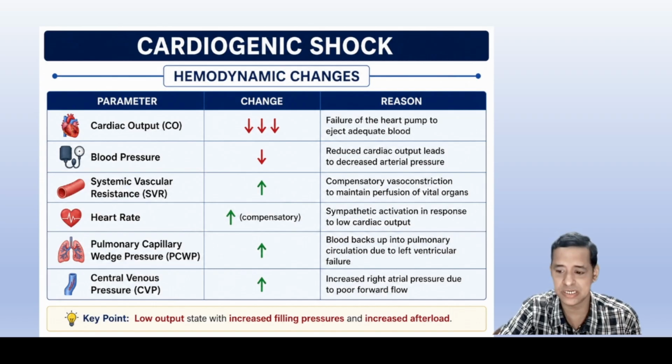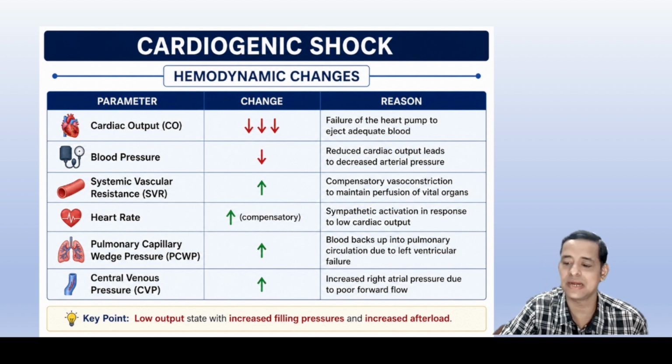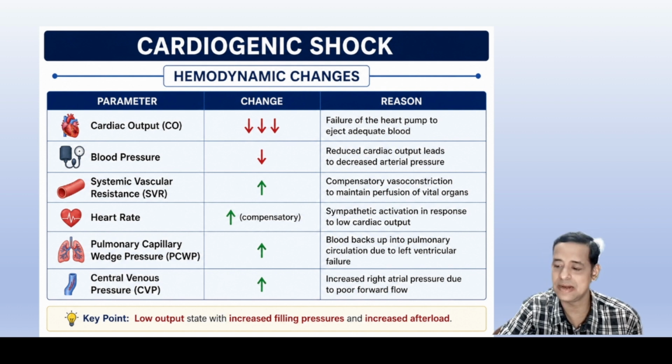In cardiogenic shock, the cardiac output falls because of impaired ventricular contraction. As compensation, systemic vascular resistance increases, while pulmonary capillary wedge pressure and central venous pressure rise due to blood backing up into the lungs and venous circulation.